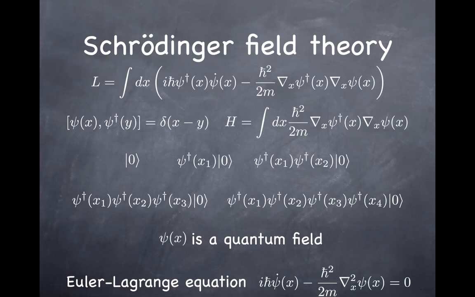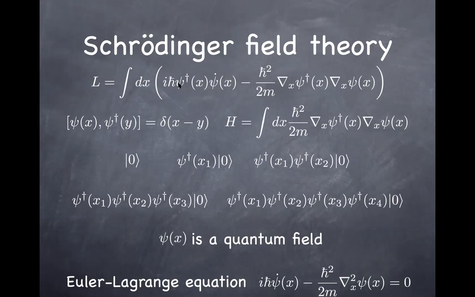This is because this Lagrangian is real, or Hermitian, if you're talking about an operator, up to a total derivative. So the fact that the Lagrangian is real up to a total derivative guarantees that the equation of motion you get from variation with respect to psi and the equation of motion you get by variation with respect to psi dagger are complex conjugates or Hermitian conjugates of each other.